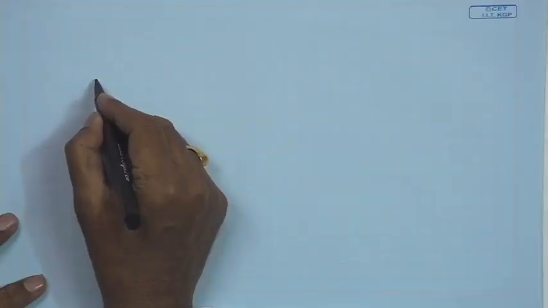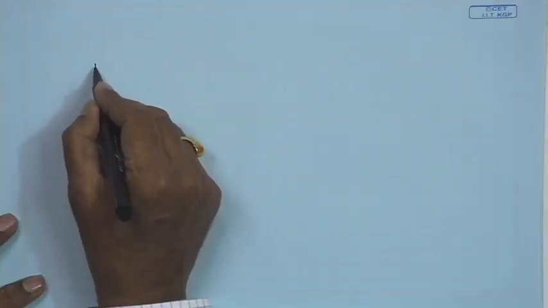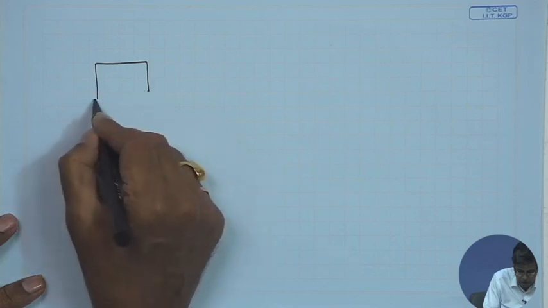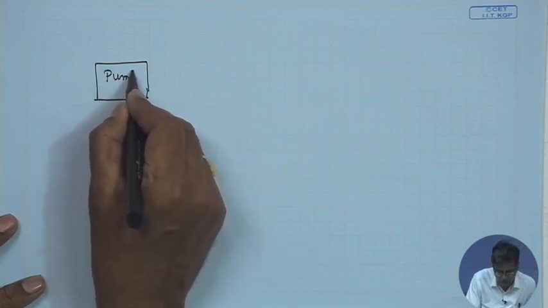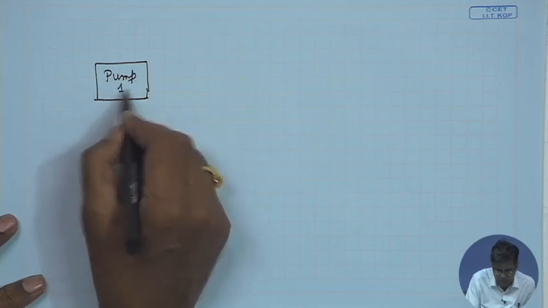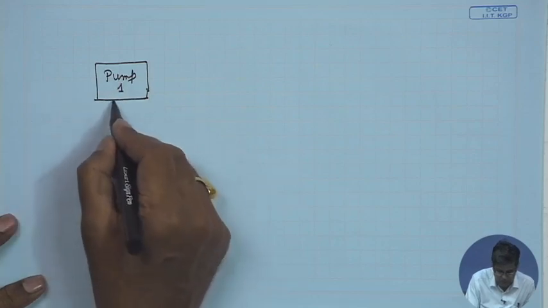If we have two pumps in series, let us show each by a box only: pump 1, which has the impeller and diffuser we know, so unnecessarily I am not drawing that.